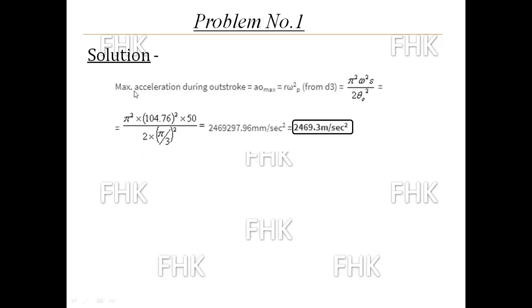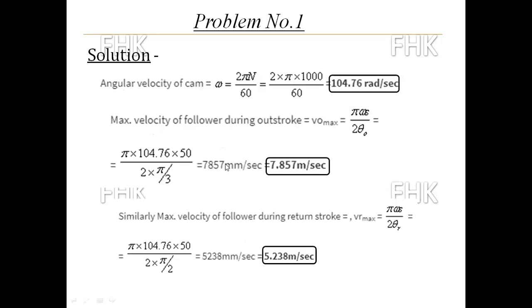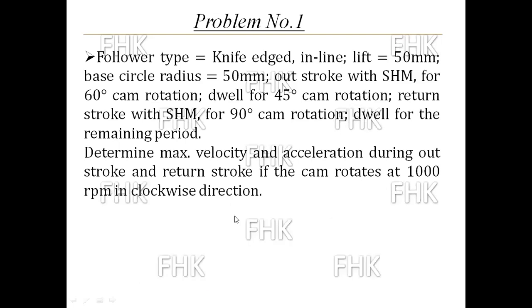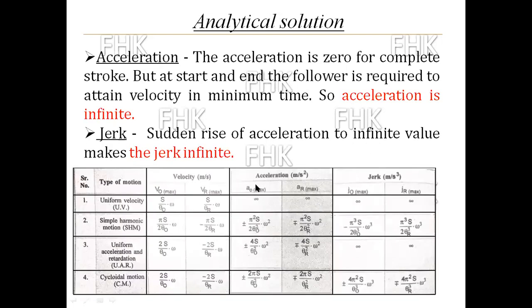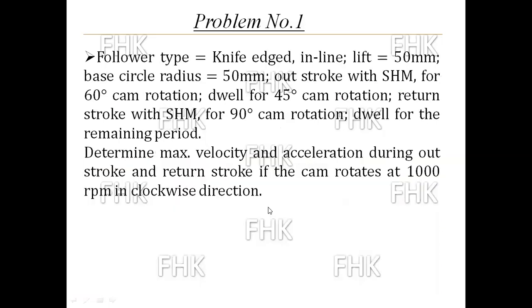Now the next item asked in the problem statement: maximum acceleration during outward stroke. What is the formula for maximum acceleration during outward stroke? This is for the outward stroke, and this one is for the return stroke, and the follower motion is simple harmonic motion. So we use this formula: plus minus pi square s omega square divided by 2 theta outward stroke square.